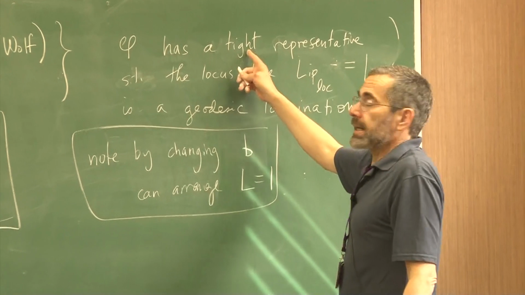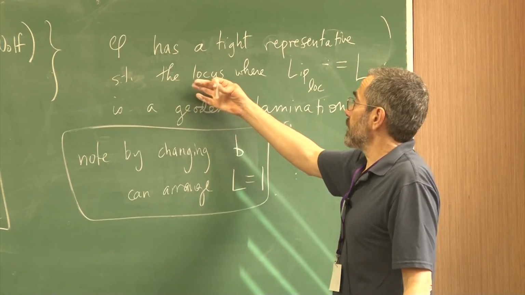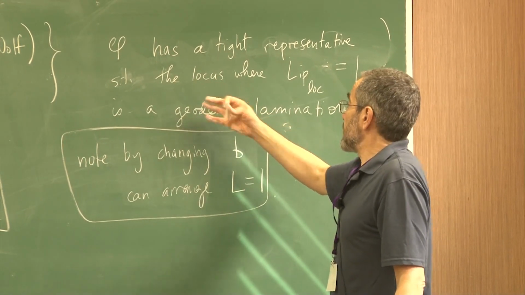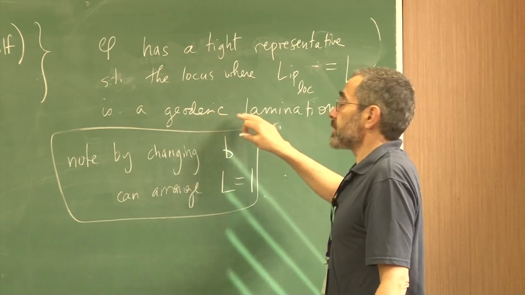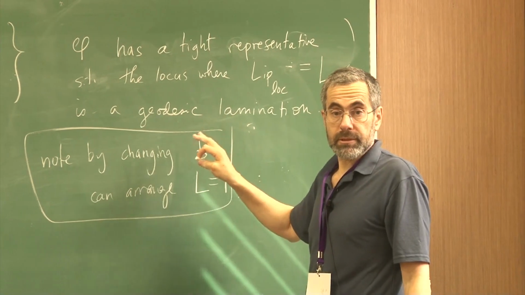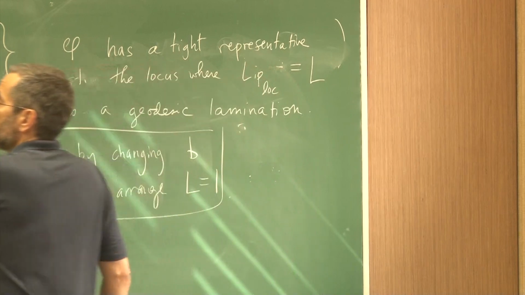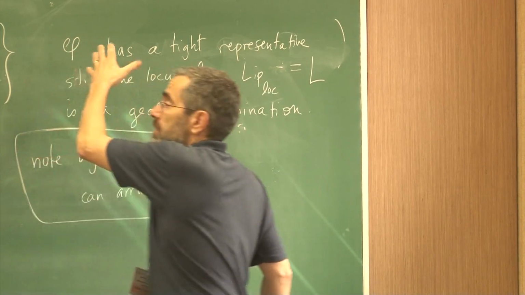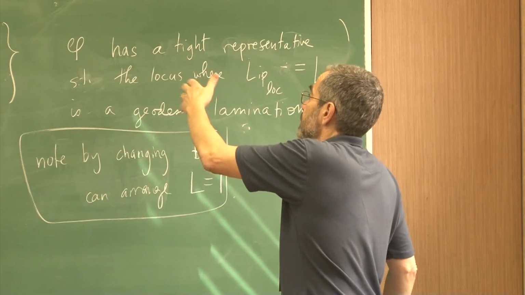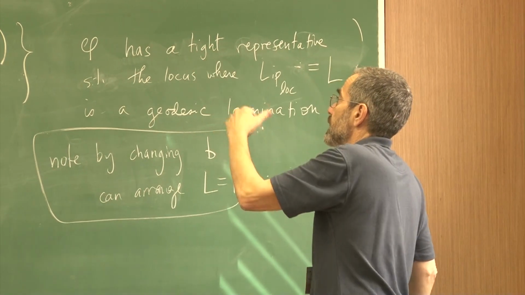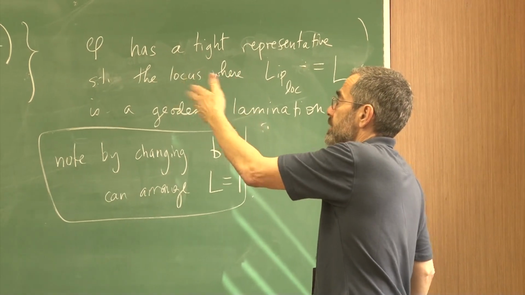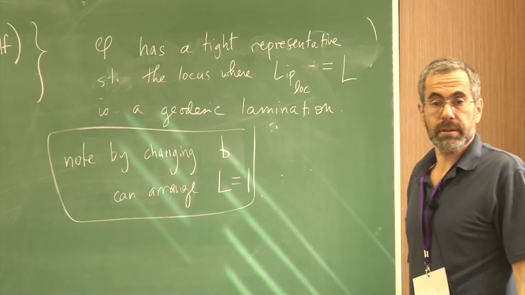Well, there might be more than one tight map, but there's a kind of canonical lamination, which is always part of this special maximal stretch lamination. So for every phi, there is a canonical lamination this theorem gives you, so that tight representatives have this lamination in their maximal stretch locus.